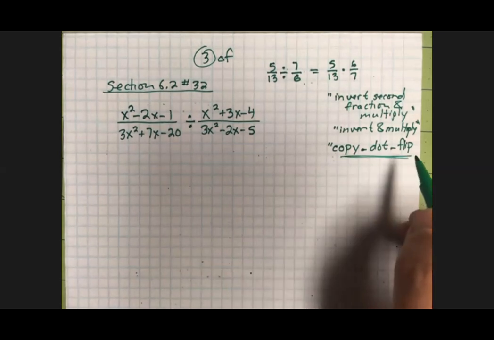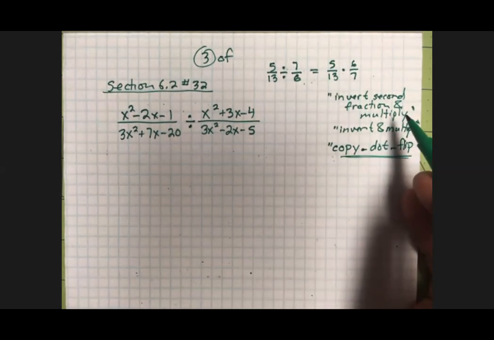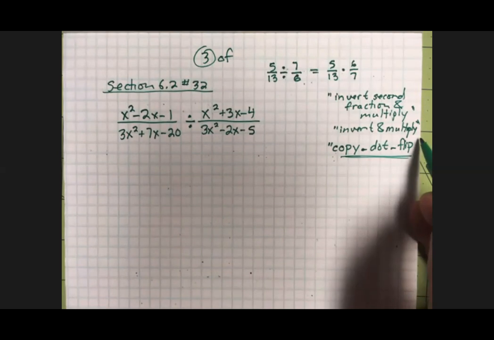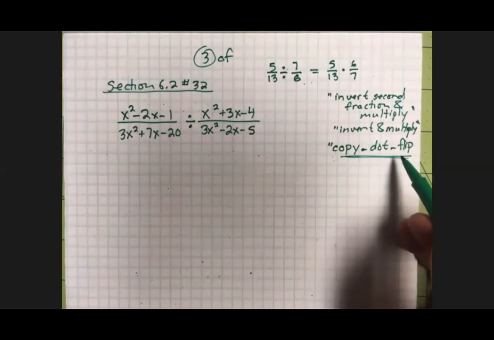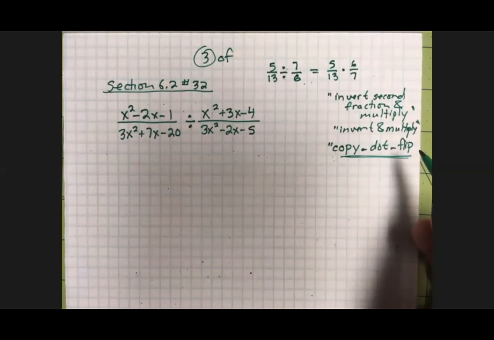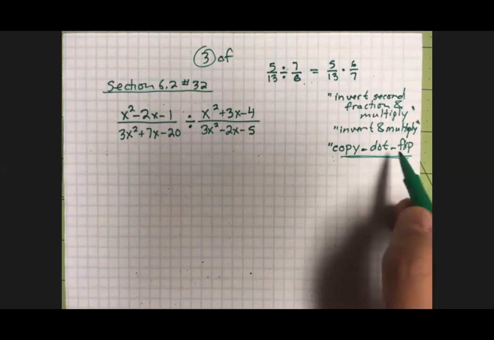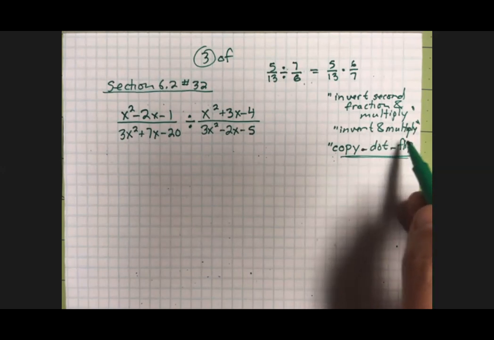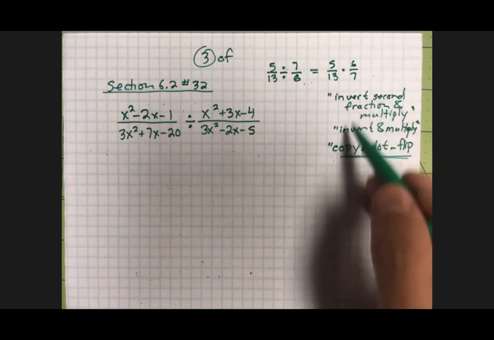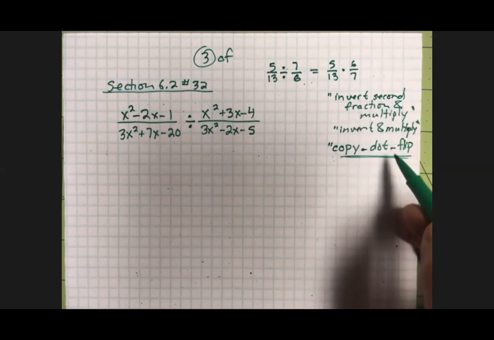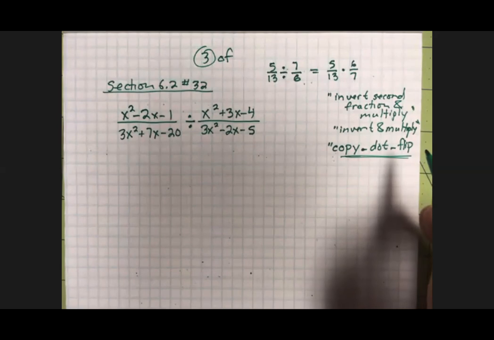So I don't know how I could take a poll like how many of you learned to say invert and multiply? How many of you learned to say copy dot flip? And if you got another one, tell me. Those are the two I hear most often. I don't mind which way you say it, except when you say a little slang like this, of course you're hiding what you're actually doing, but the little poetry here helps you remember what you're doing.